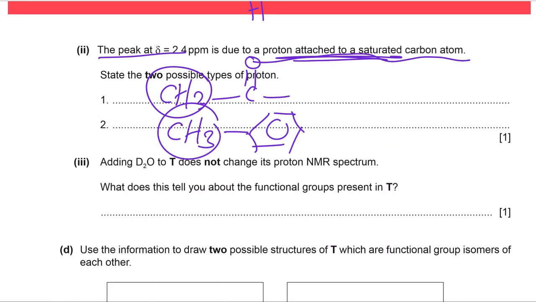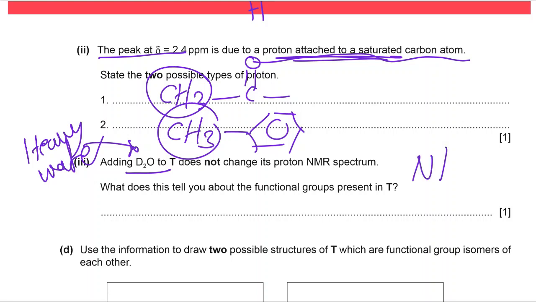Now in the next question we have D2O, deuterium, heavy water. Heavy water is always used in NMR techniques to identify hydrogen bonded to nitrogen or hydrogen bonded to oxygen, that means a hydroxyl group or amino group.